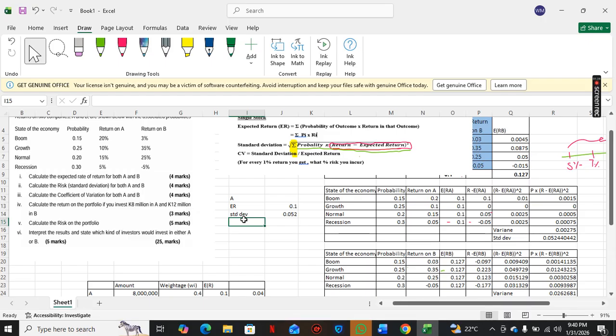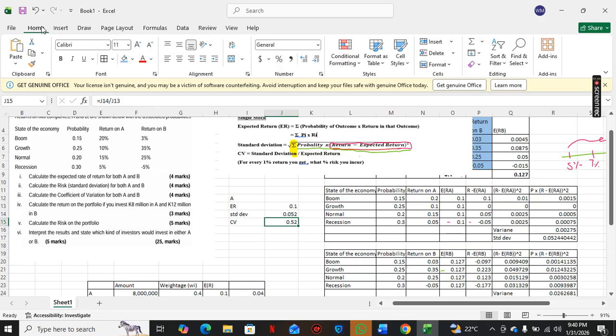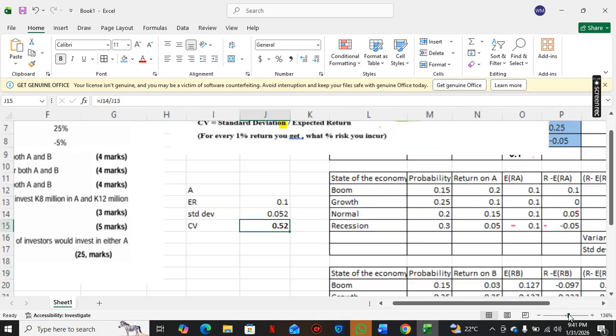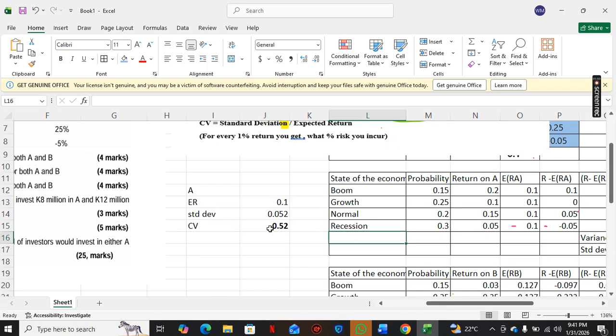So once we get our coefficient of variation, standard deviation divided by expected return, you get 0.52. Okay, 0.52.